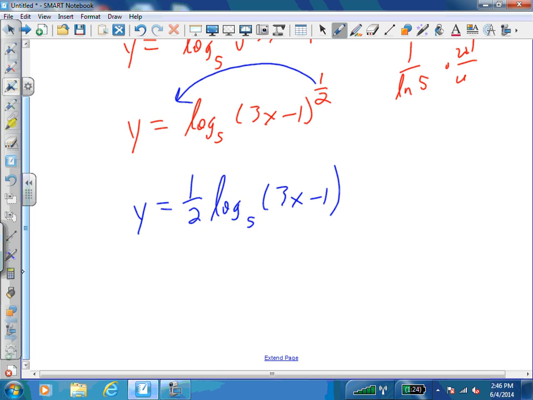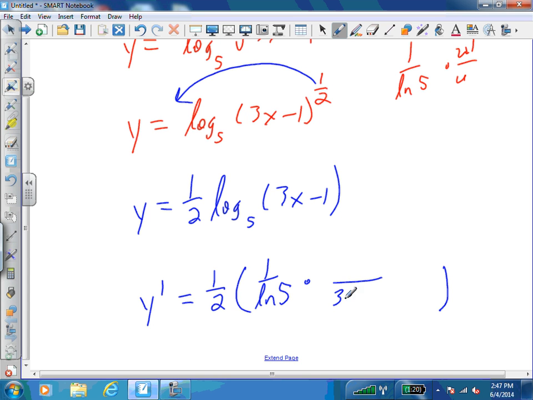Then that derivative is not quite so bad, because when we do u prime, that's just a simple polynomial. So when we take the derivative, 1/2 stays out front. It's 1 over natural log of our base, and our base is 5, times u prime over u.